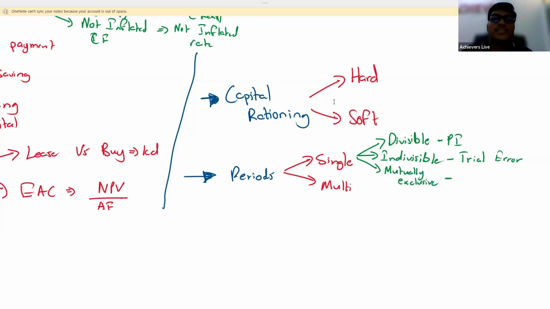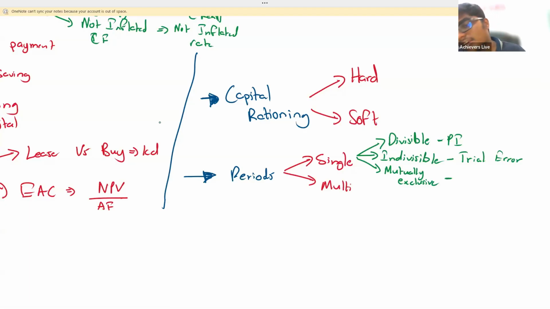And next, mutually exclusive projects. How do you deal with mutually exclusive projects? That's also trial and error actually.